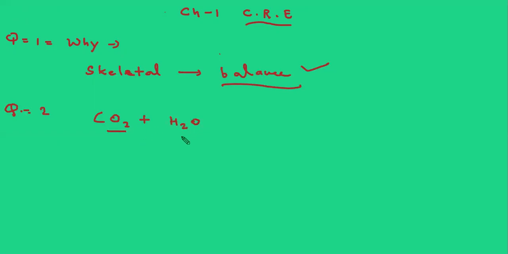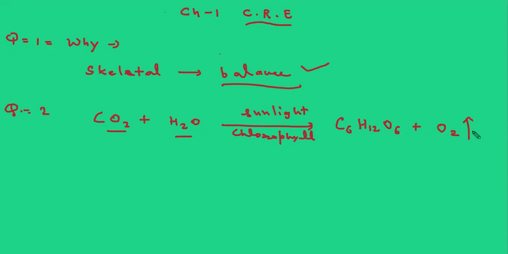Not only carbon dioxide and water, but they also need sunlight and chlorophyll, right? So in the presence of sunlight and chlorophyll, they will form glucose, C6H12O6, and they will release oxygen gas. That's why we say save the plant, save the life, because we are getting the oxygen.